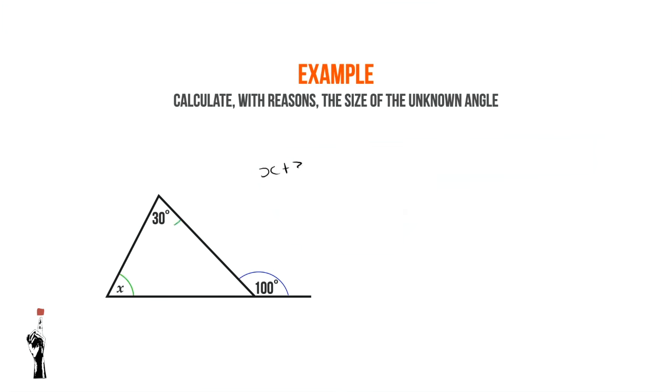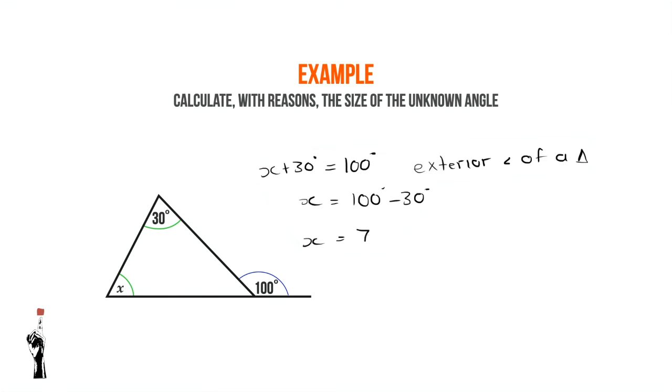X plus 30 degrees, my two interior angles on the opposite side, will be equal to my exterior angle, which is 100 degrees. How do I know that? I need to give my reason, and my reason is exterior angle of a triangle. Now I need to calculate x, so that means I have 100 degrees minus 30 degrees, and therefore x is equal to 70 degrees.